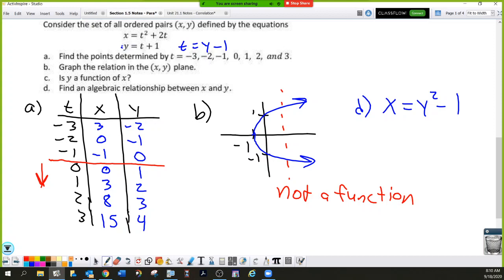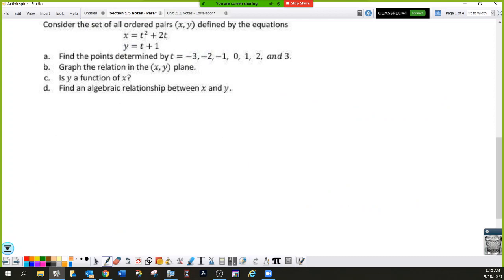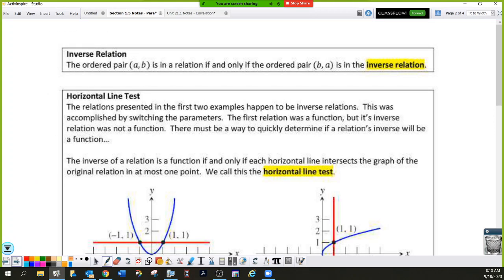All right, so flip the page. Oh, look, inverse. How about that? An inverse relation. The ordered pair A comma B is in a relation if and only if the ordered pair B comma A is in the inverse relation.